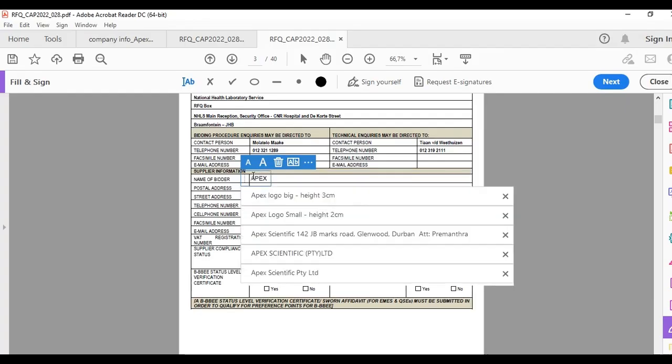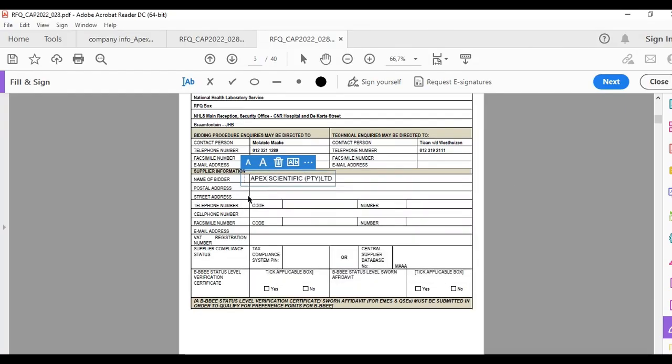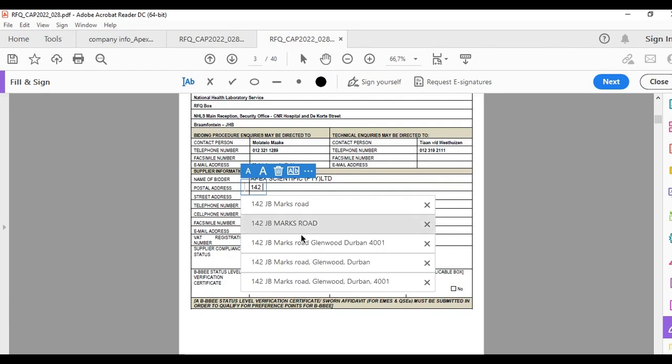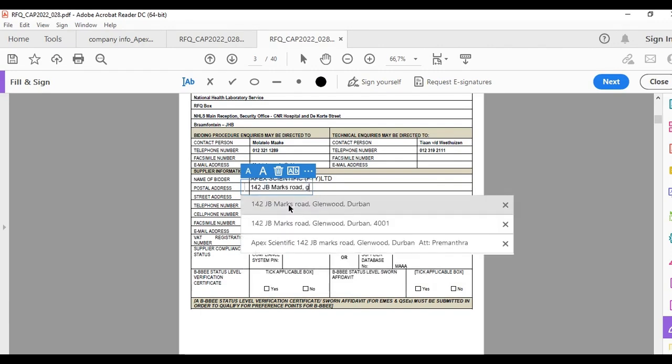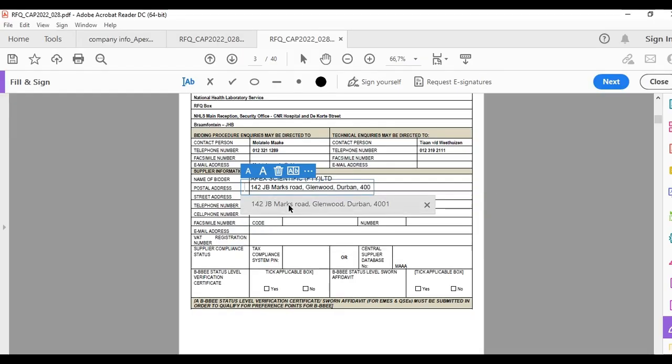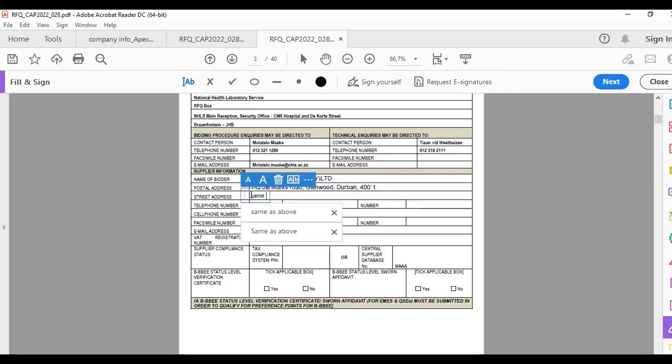So the name of bidder would be our company name, our postal address would be our head office address, our street address would be same as above, so you can say same as above or you can leave it blank. The telephone number would be our head office telephone number.